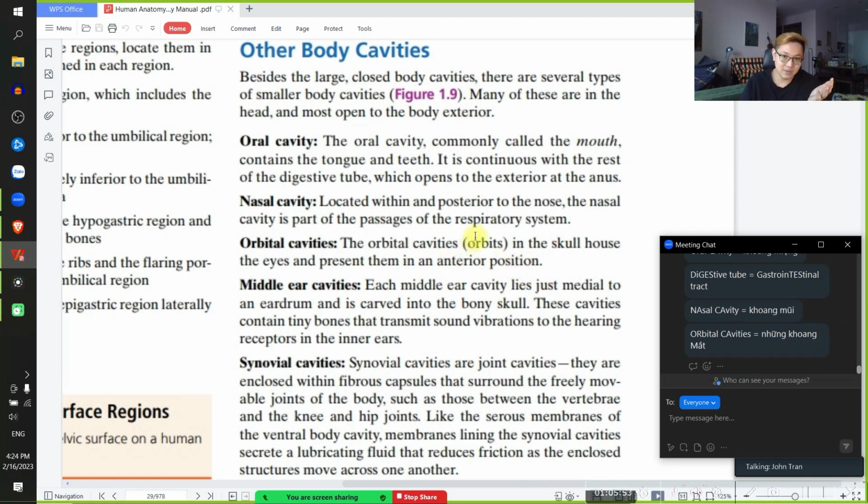Cái chữ orbit này không có nghĩa là quỹ đạo đâu nha. Orbits here mean orb, or the eye. Cái chữ orbit này là liên quan đến cái orb, cái cầu mắt.